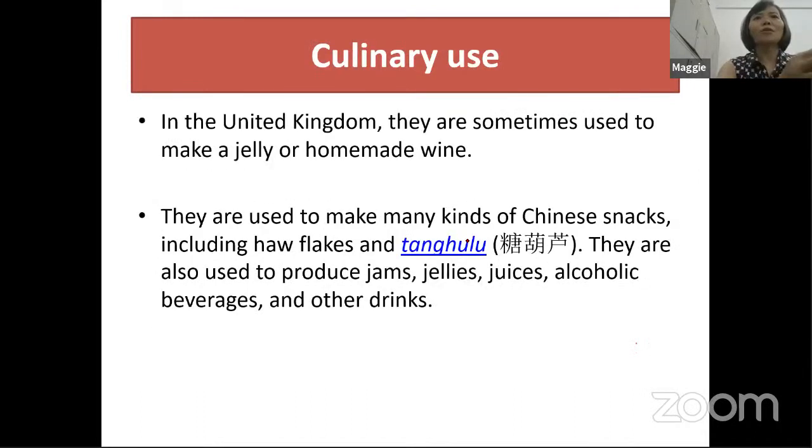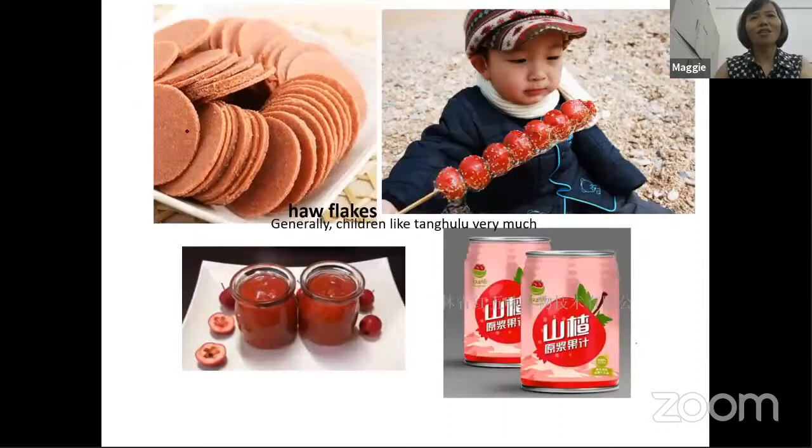So, culinary use. In the United Kingdom, they are sometimes used to make jelly or homemade wine. In China, they are used to make many kinds of Chinese snacks, including haw flakes and tanghulu. They are also used to produce jams, jellies, juices, alcoholic beverages, and other drinks. Look at these pictures.